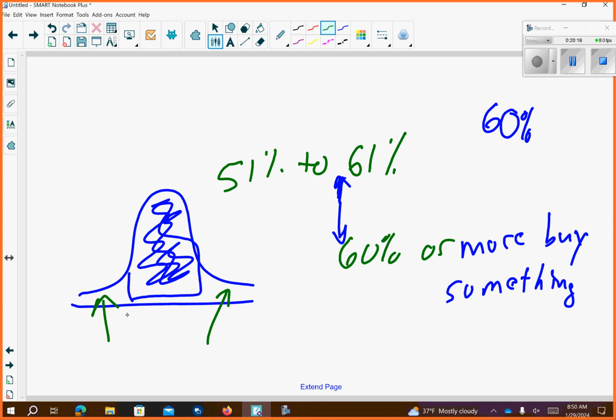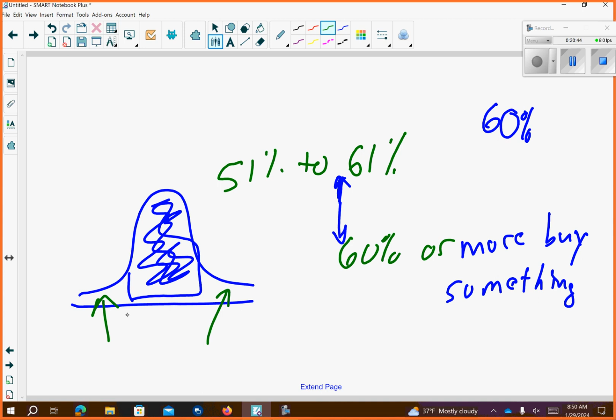Okay? So the lower your confidence level becomes, the broader the area under the curve that your data would fall into. So if someone were to say, hey, I'm 1% confident something were to take place, you're dealing with 99% of the area under the curve, where you have 0.5% on either end of the normal curve. So if someone says, hey, I'm 1% confident this is going to happen, it has a really good shot at happening.